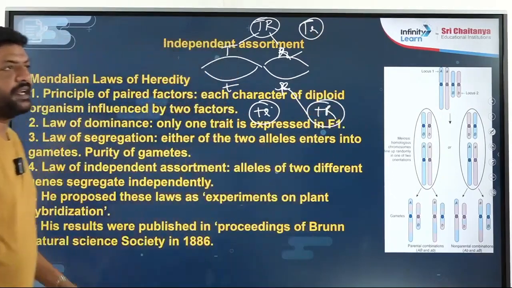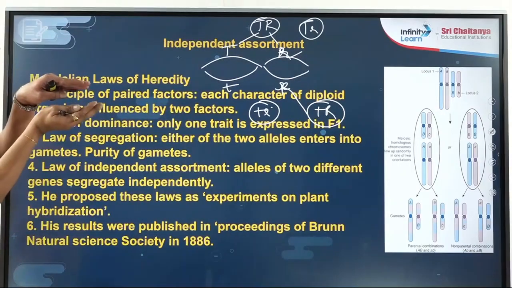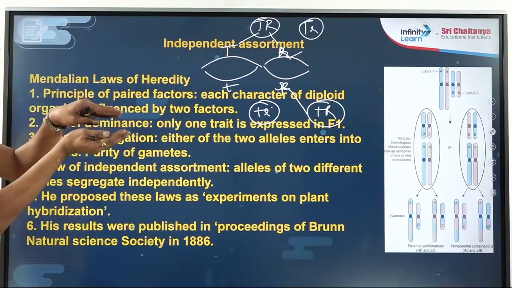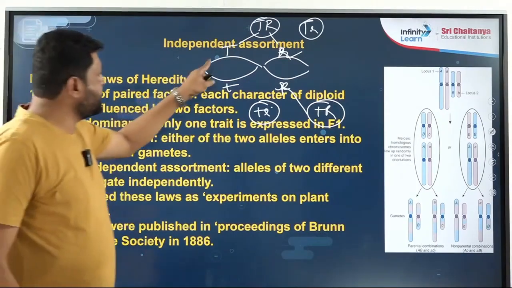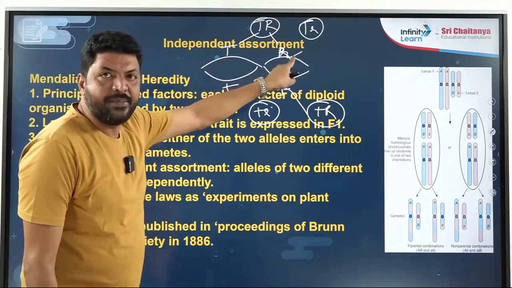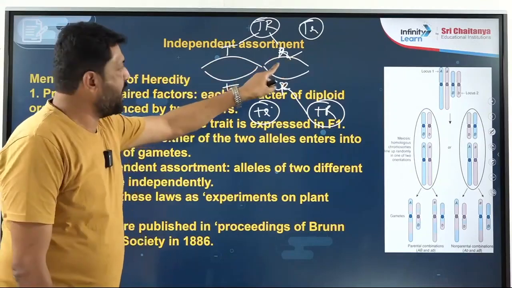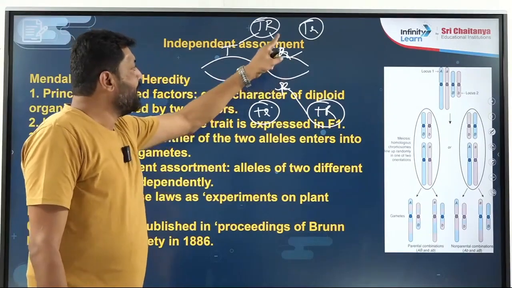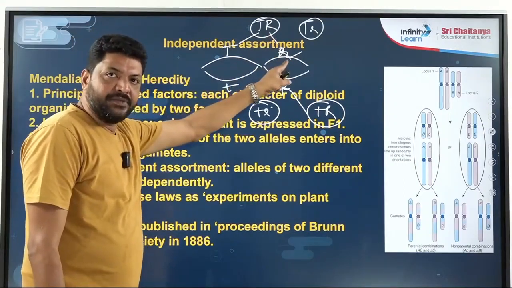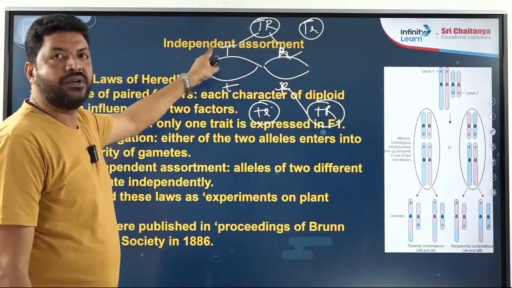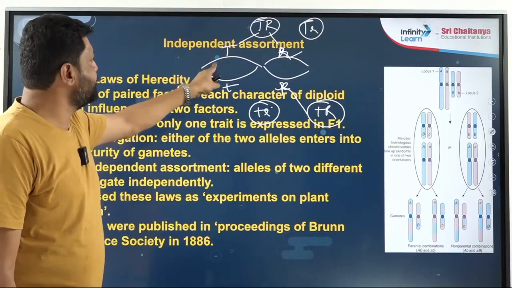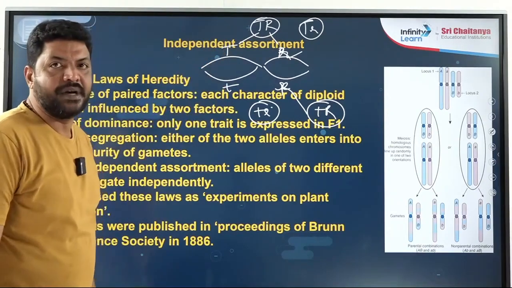So the moment the chromosomes go to the mid plate, it is completely independent. Capital T cannot influence the movement of capital R or small r. Vice versa, capital R or small r, the gene on the other chromosome, cannot influence the movement of the gene capital T or small t.